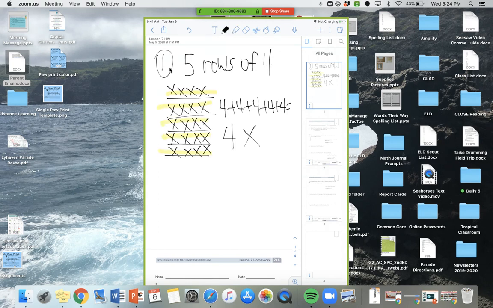And the number of times that it's repeated is right here because it's 4 5 times. So 4 plus 4 is 8. 4 plus 4 is 8 plus 4. 8 plus 8 is 16 plus 4, which equals 20. So the product is 20.